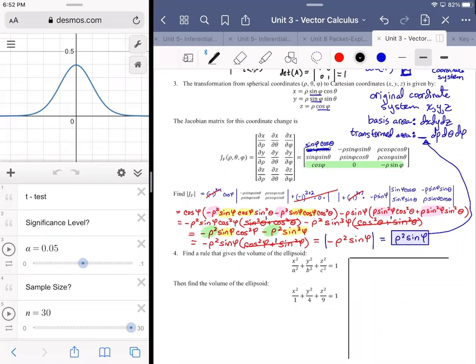All right, so we have our equations. X is equal to r cosine theta. And y is equal to r sine of theta.